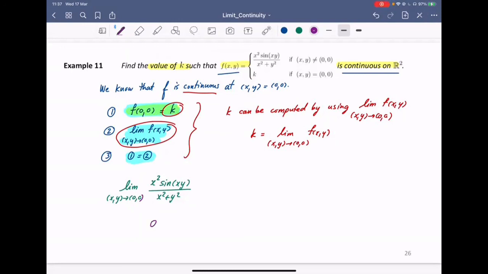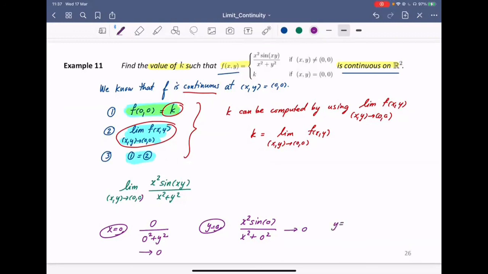I get 0 on the top, and 0 squared plus y squared at the bottom, so it goes to 0. If I pick y equal to 0, I get x squared times sine 0, which is 0 as well, and then x squared plus 0 squared. This goes to 0 as well.